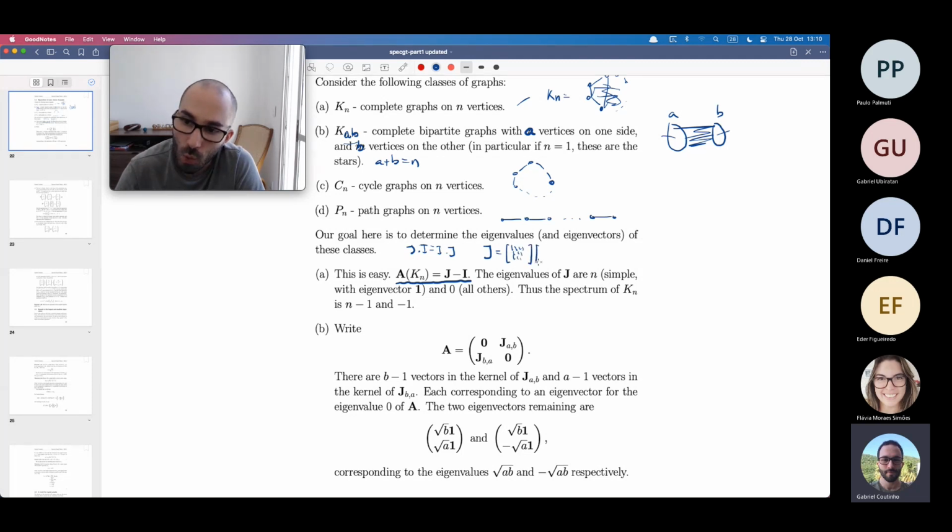Of course the all ones vector is an eigenvector, and the result is n, which means that n is an eigenvalue of J.